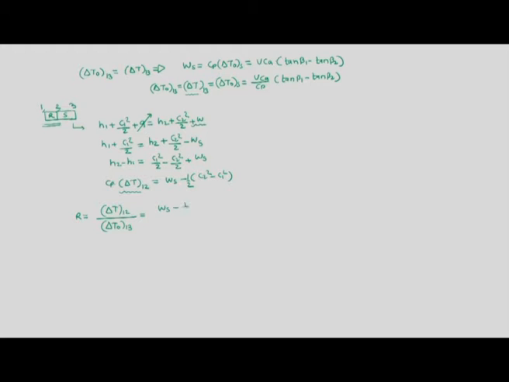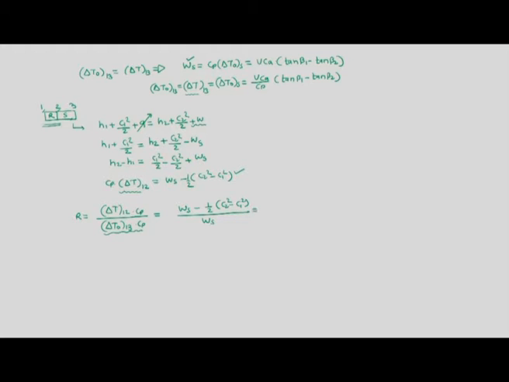We can multiply both sides by Cp, so we get Cp into delta T 1 2 divided by Cp into delta T naught 1 3, which is Ws minus half C2 square minus C1 square, divided by Ws.